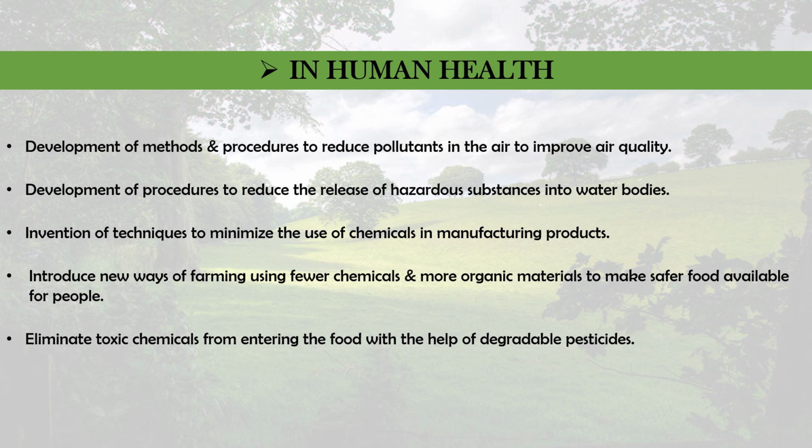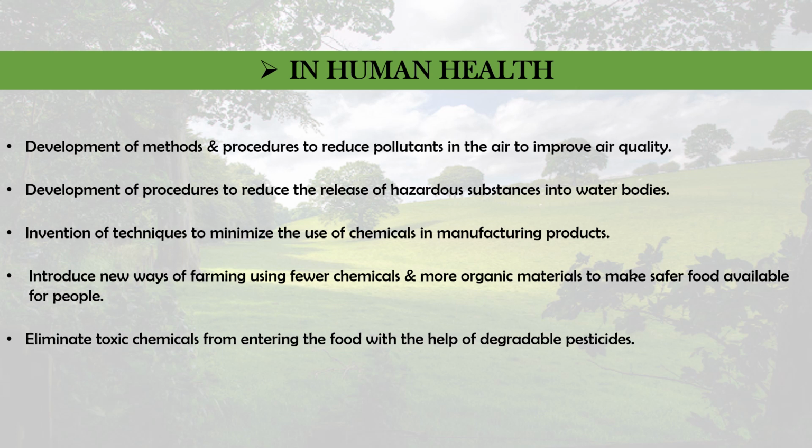And if we decrease the chemicals in manufacturing itself, then there will be reduced life risk to the workers who are working in those facilities. There is also the introduction of new ways of farming using fewer chemicals and more organic compounds.